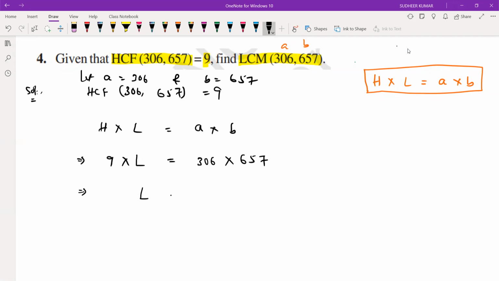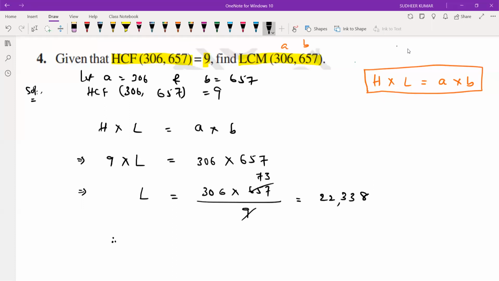So L equals 306 into 657, transposed and divided by 9. 9 sevens are 63, 9 threes are 27. Multiply these two: 22338.